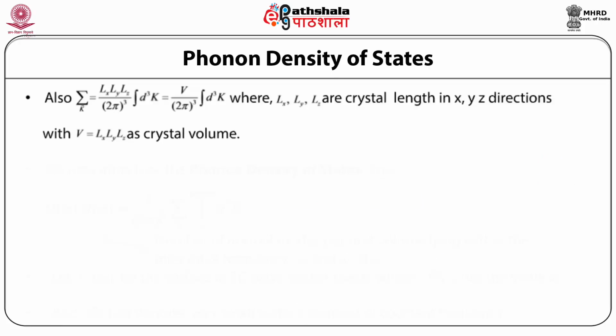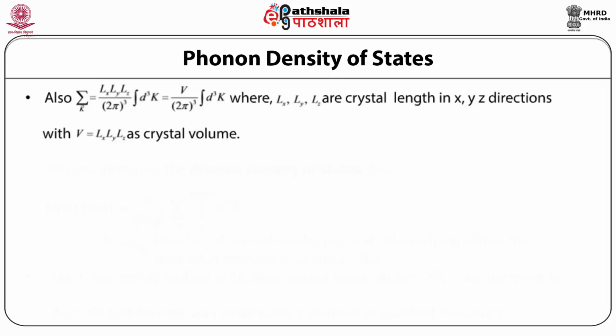Also, the summation over k is equal to Lx into Ly into Lz, where Lx, Ly, Lz are the lengths of the crystal in the x, y, z directions, divided by 2 pi cubed, multiplied by d cubed k.